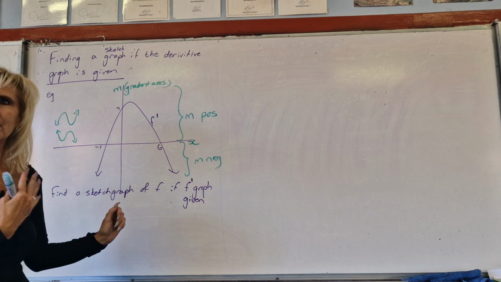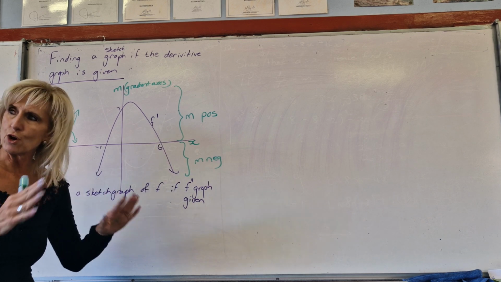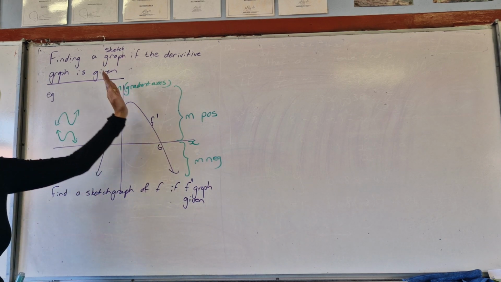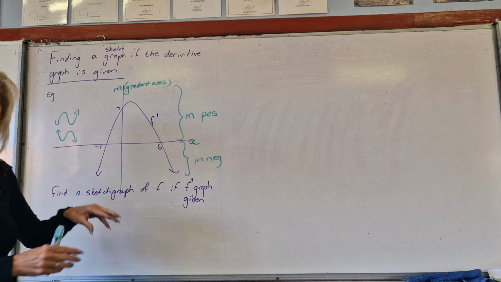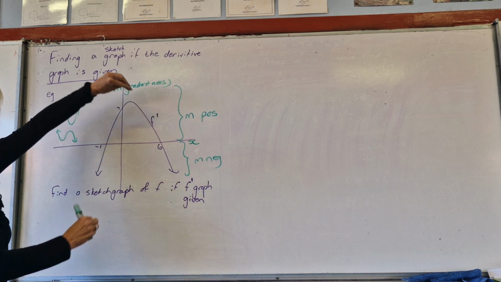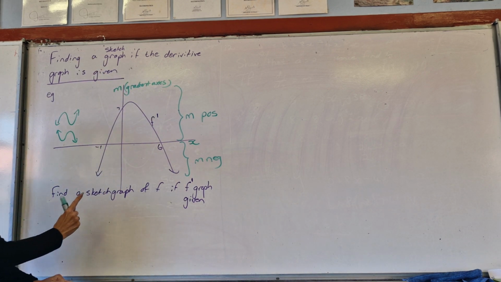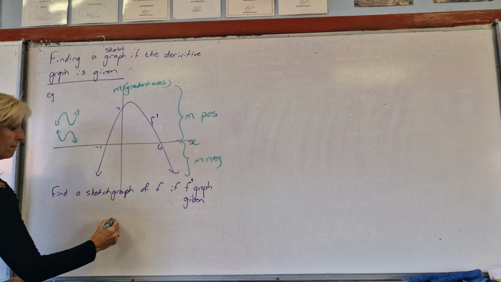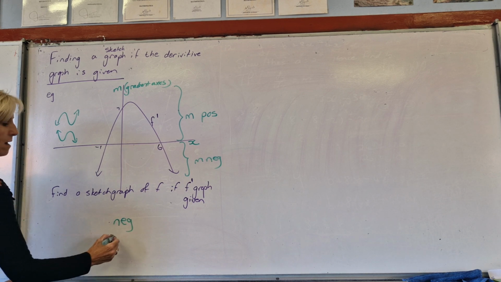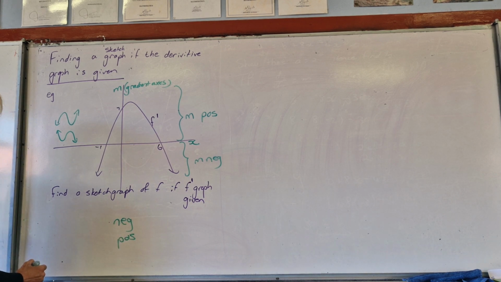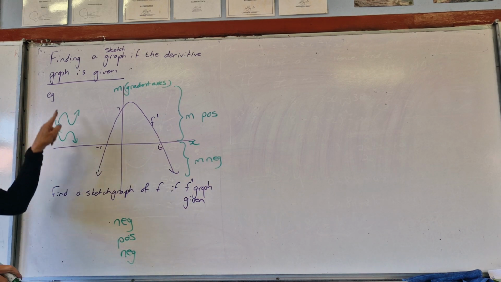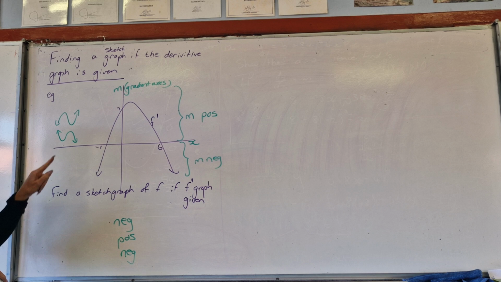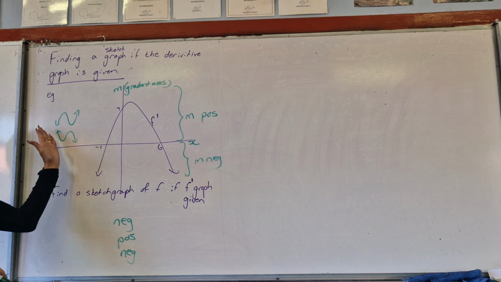That's the first one I feel comfortable with, because it's not positive, negative. No. When I'm looking at the derivative which shows me the gradient, I've got to read it as, first there was a negative gradient, and then there was a positive gradient, and then there was a negative gradient, and that's the shortcut of knowing which one of the two it is. That one, the up one. Negative, positive, negative.